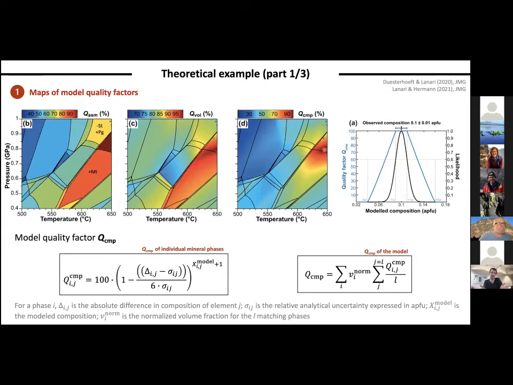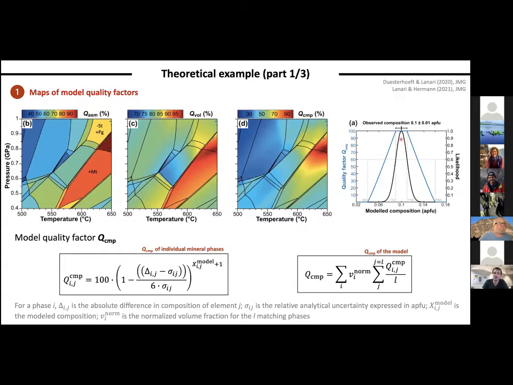It looks similar to what you get if you calculate all the isoplethes for all the solid solutions, and the intersection would be perfect in this case. We can calculate QCNP for individual mineral phases by simply looking at the absolute difference in composition between the model and the observations. So we take the uncertainty we have from the electron microprobe measurement.